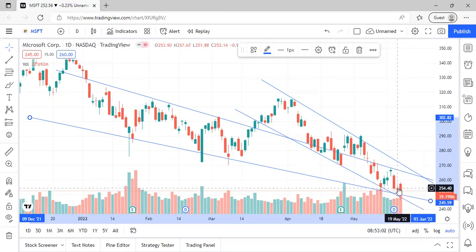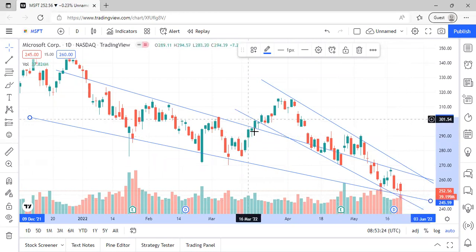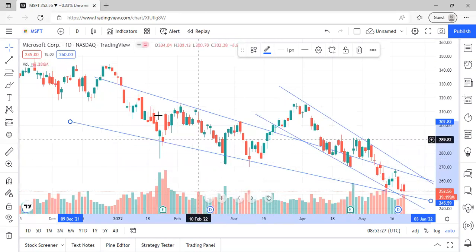Okay, so you can see that moving forward, the price can go up to this resistance line here, which is about 263 US dollars, or if not, it will actually test the bottom or the support line at 245 USD. Okay, so this is the first pair of support and resistance lines.